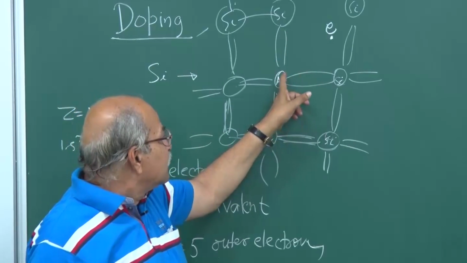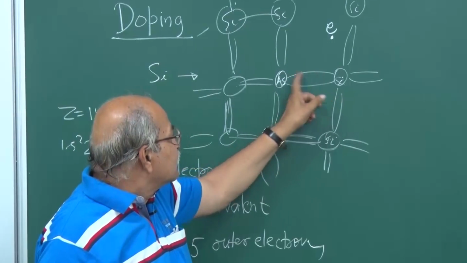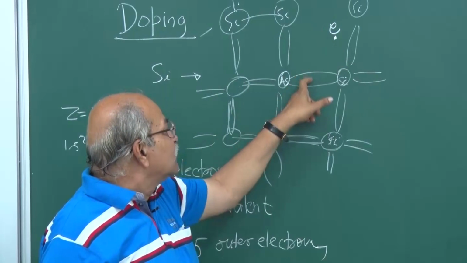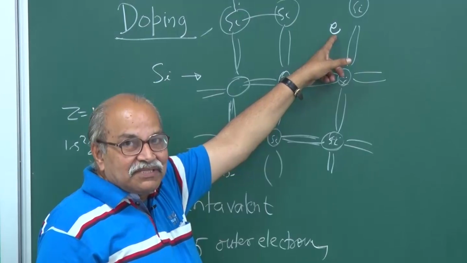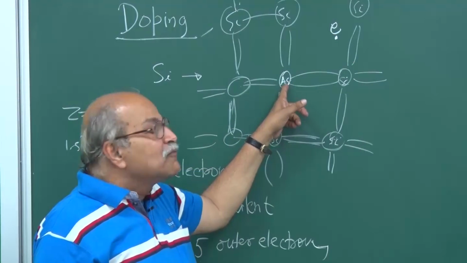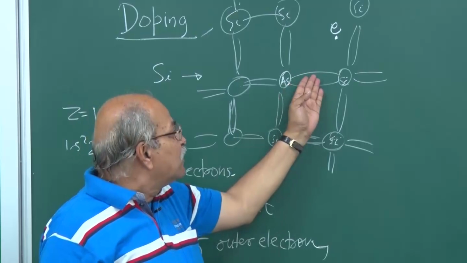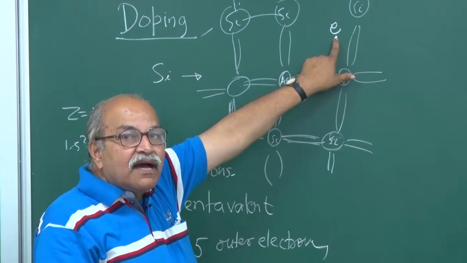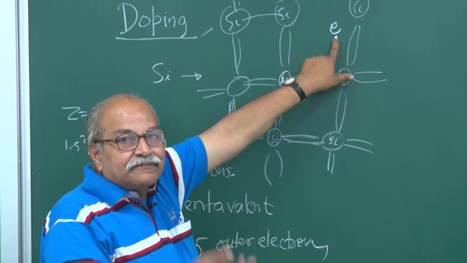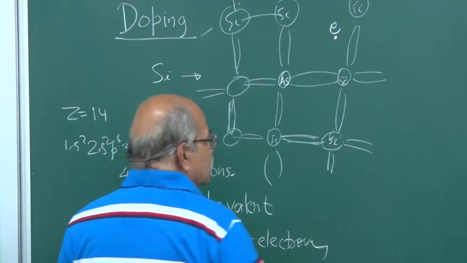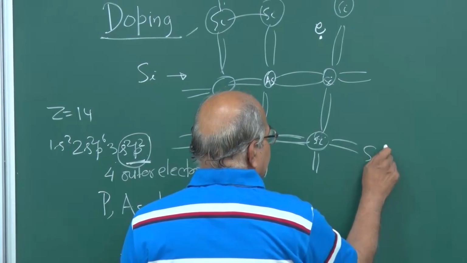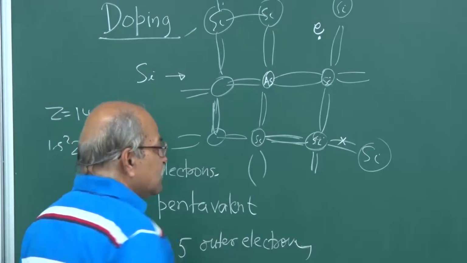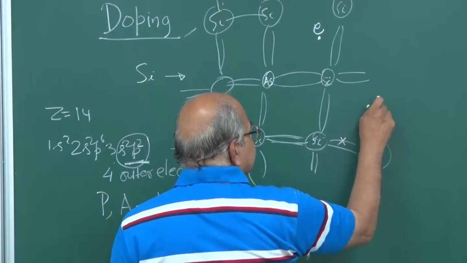If an electron is taking part in bonding, then this energy is very low, meaning in the valence band. But this one is not bonded, so it is very weakly bound to the atom. As compared to valence band electrons, this electron will have much higher energy. You can also compare: suppose you have a silicon here and this bond is broken, and this electron comes here.